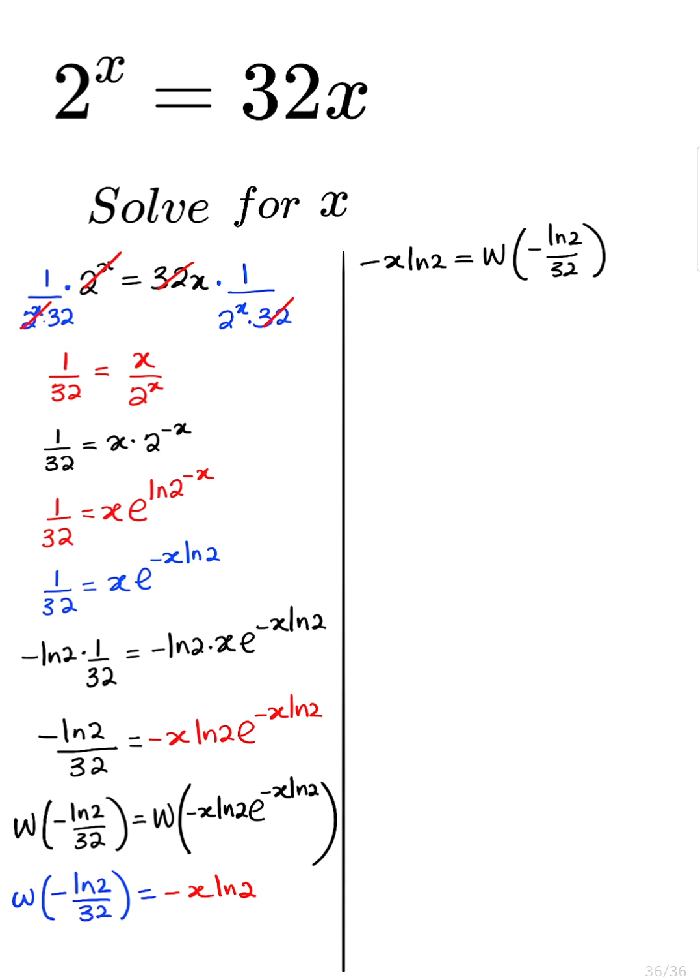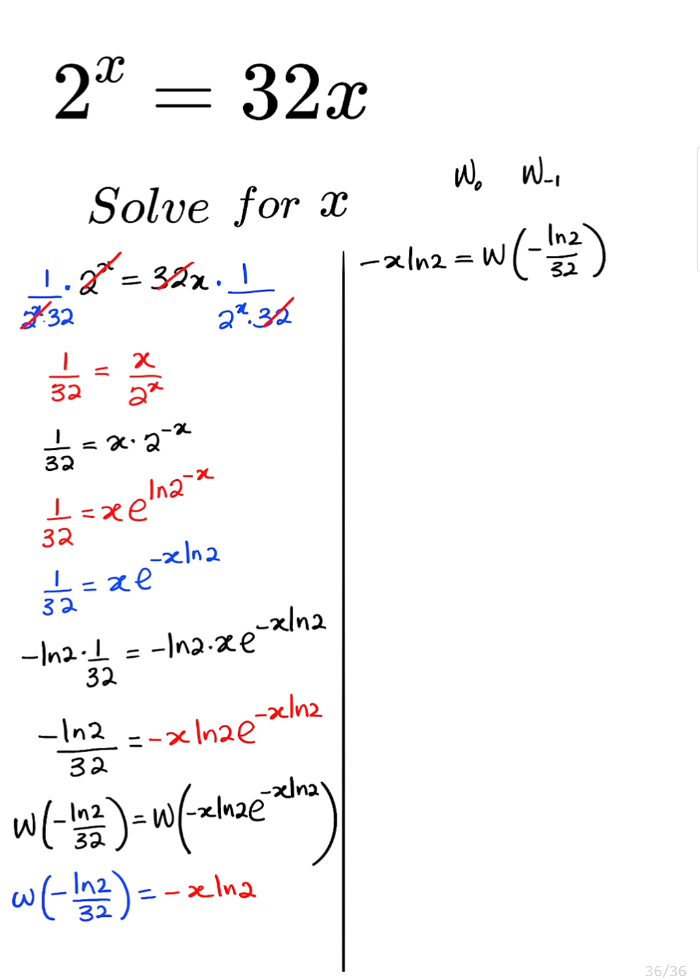Now, since the Lambert W function has a range of 0 and negative 1, the principal branch and the lower branch, what does that mean? It means that we actually look for the value corresponding to this and also the value corresponding to this.